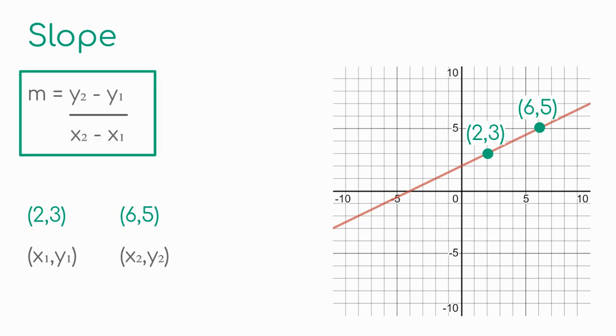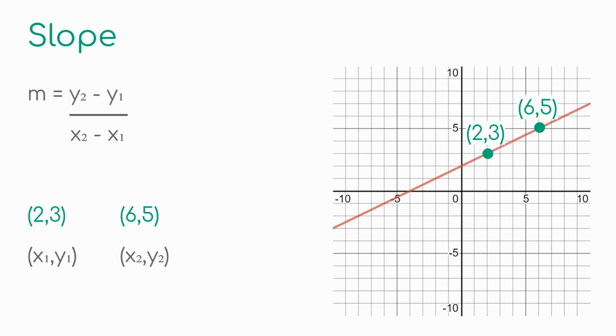So my formula, which you might want to write down somewhere, is m, where m represents slope, equals y2 minus y1 divided by x2 minus x1. So it's our change in our y coordinates over our change in our x coordinates. And we get the x1, y1, x2, and y2 from our 2 points.